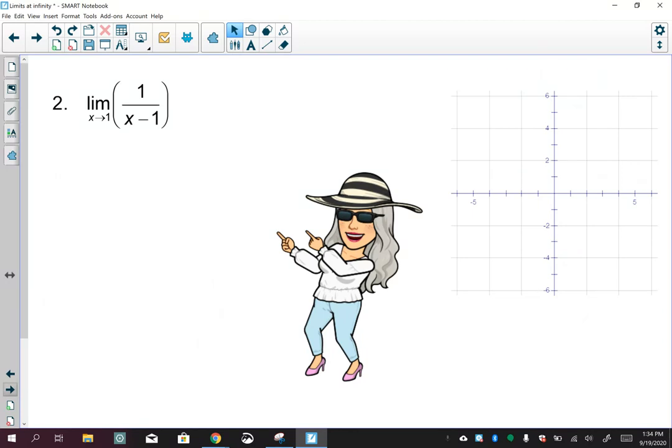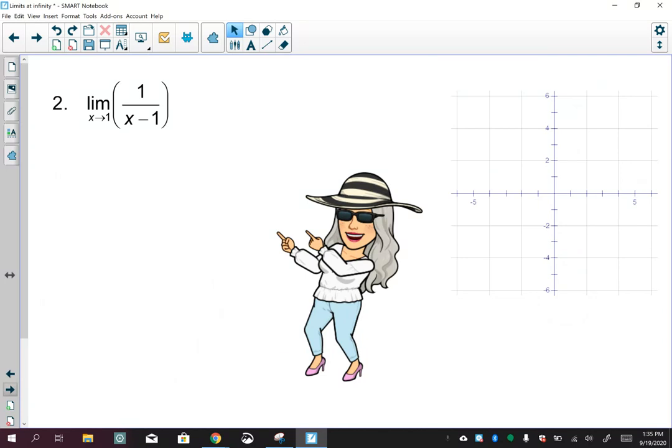What we want to know is what's happening as I'm approaching this 1 from the left side, and what's happening as I approach it from the right side. Am I going to wind up approaching both positive infinity or both negative infinity, or am I going to go one way and then turn around and go the other direction? If I have one going to negative infinity and one going to positive infinity, then I wind up with does not exist.